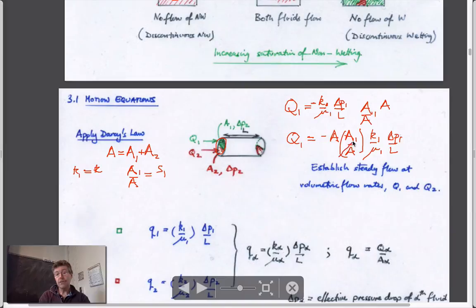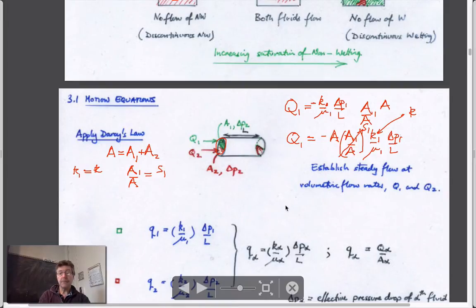And so what we can do is we can replace this as the saturation of fluid 1. And so now, if this is the saturation, this we've already said is just actually equal to the permeability of the porous medium, not to any particular fluid. Then we end up with a new parameter, which is this.